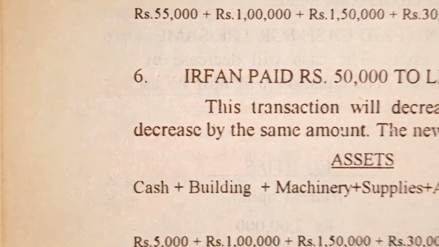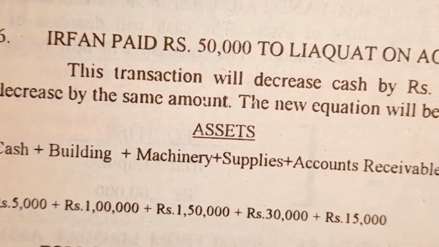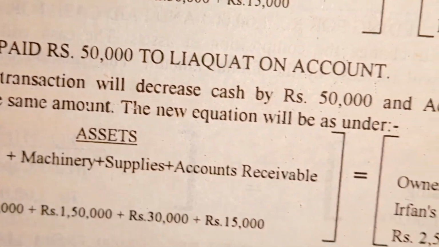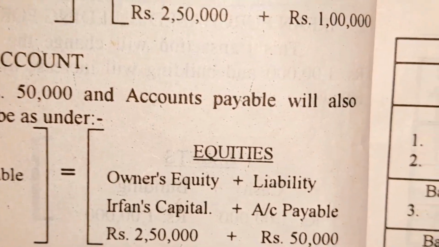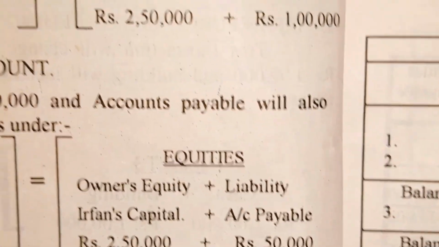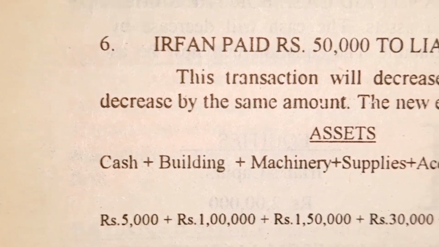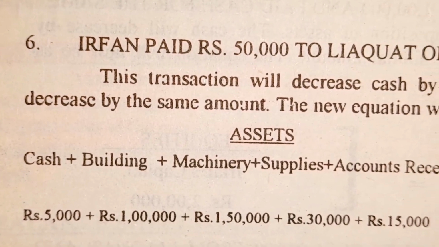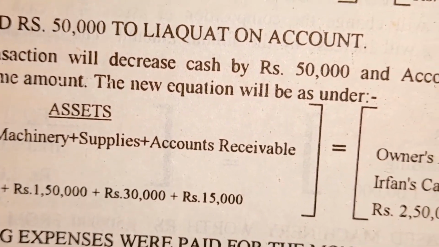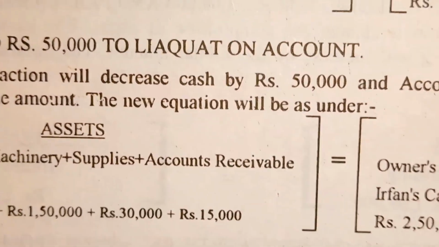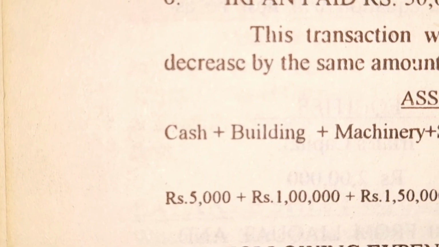Irfan paid rupees 50,000 to Liaquat on account. This transaction will decrease cash by rupees 50,000 and accounts payable will also decrease by the same amount. The new equation will be as under.